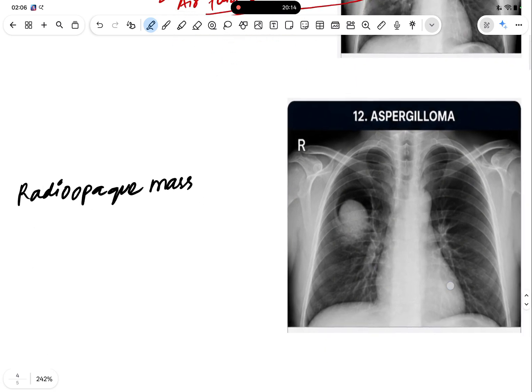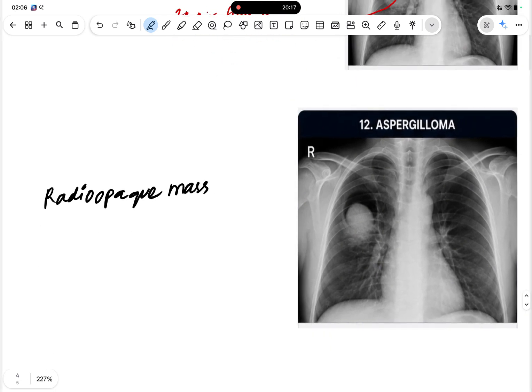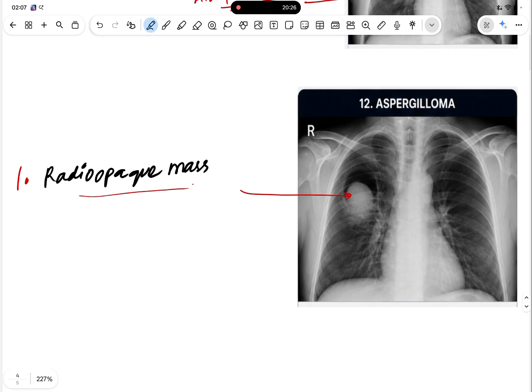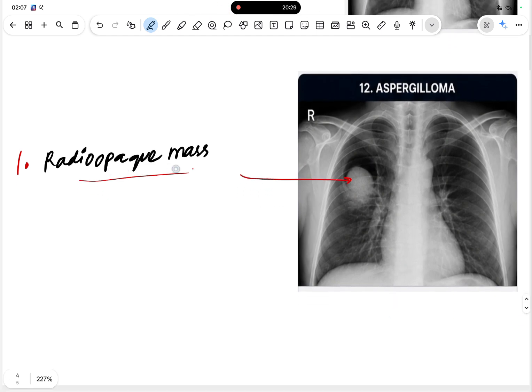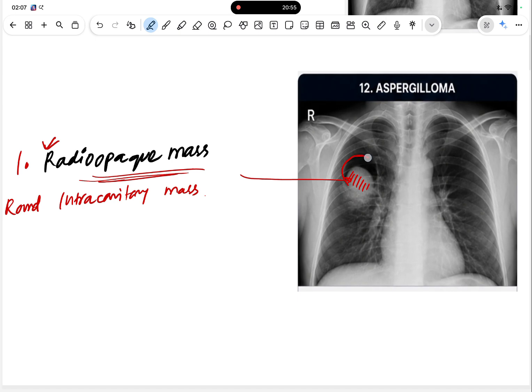The next X-ray is aspergilloma. I have written this point earlier, important point. The mass which we are seeing inside the cavity, the mass is radio opaque. Why? Because it is white in color. It is a radio opaque mass. It is also known as an intracavitary mass. A round intracavitary mass, and clearly look, there is a crescent-shaped radiolucent area.